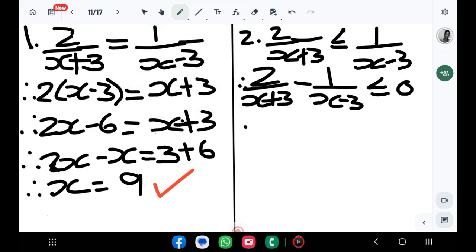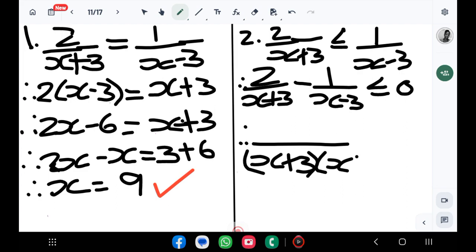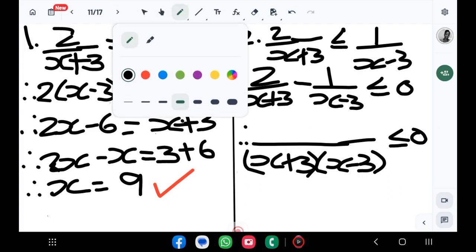You go, therefore, common denominator, x plus 3 times x minus 3. That's on the left hand side, less than or equal to 0. So now, in order to figure out what you put at the top on the numerator, you multiply each one of the fractions by the lowest common denominator.